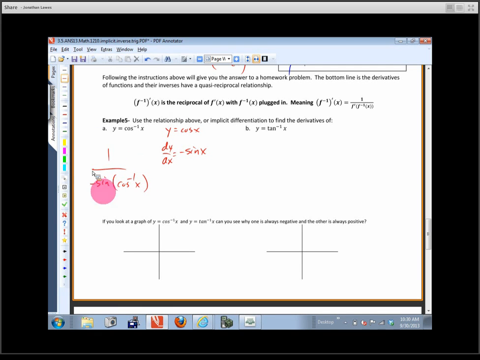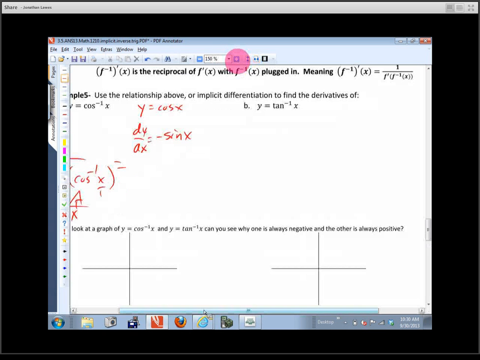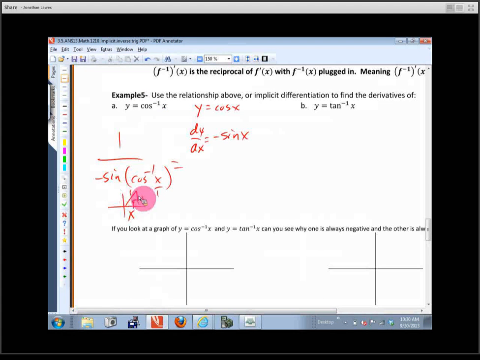So we could say this in words. It's 1 over the derivative of the original function with the inverse plugged in. So if the original function is cosine, and its derivative is negative sine, we do 1 over negative sine, and then we plug in the inverse function. And then, of course, we'd want to simplify that, so let's think about how that would work. Again, this is a triangle represented with the adjacent side being x and the hypotenuse being 1. That makes this side over here radical 1 minus x squared.